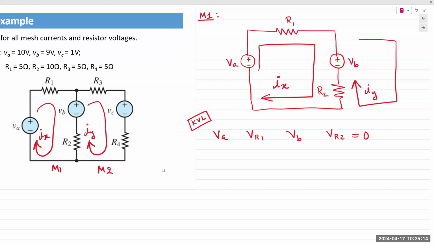Then you apply KVL with the technique you're comfortable with. And let's see if your equation matches up with what I get. Okay, so you have four terms, four voltages: VA, VR1, VB, and VR2. Apply KVL with your techniques.